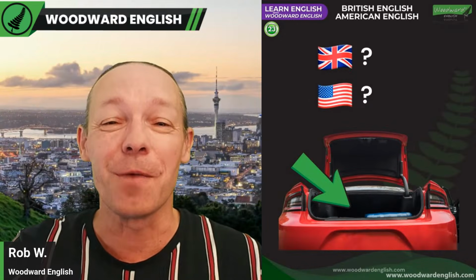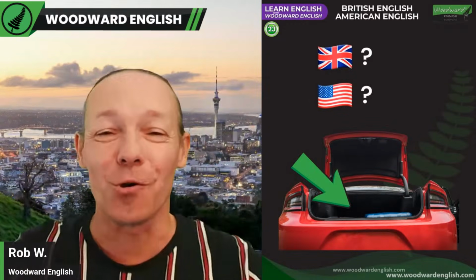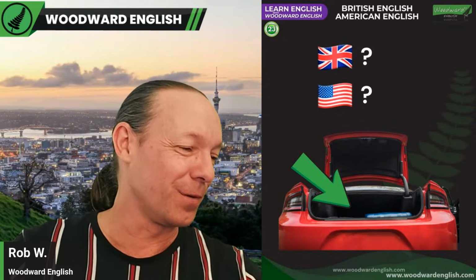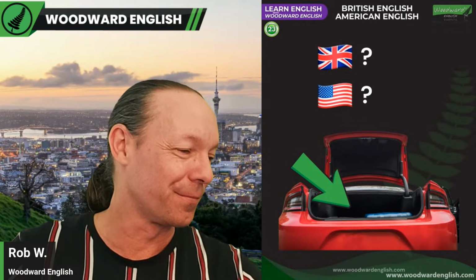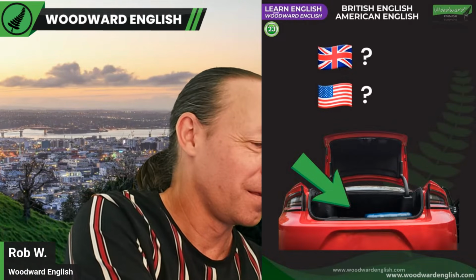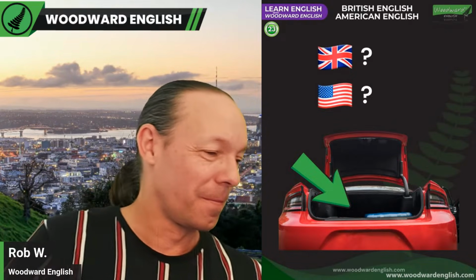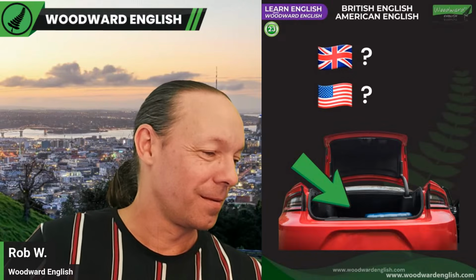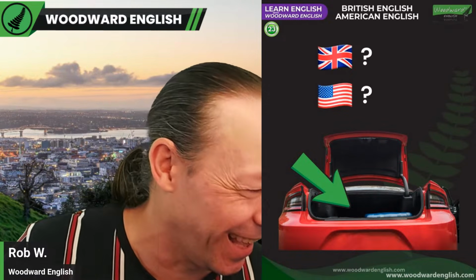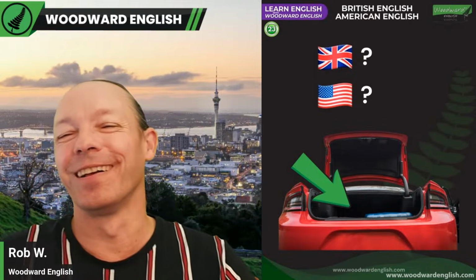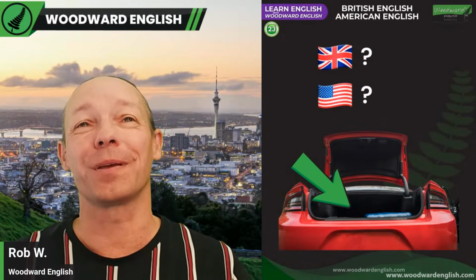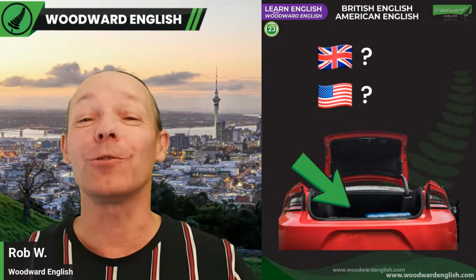Okay, using emojis, what do you put in the back of your car? There you go. You got a person and a cross symbol. You go grocery shopping, and in the back, you put your groceries in there.